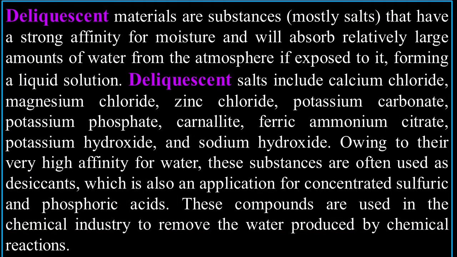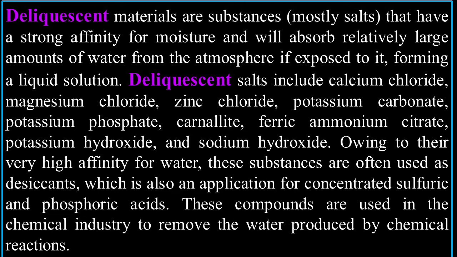Deliquescent materials are substances, mostly salts, that have a strong affinity for moisture and will absorb relatively large amounts of water from the atmosphere if exposed to it, forming a liquid solution. Deliquescent salts include calcium chloride, magnesium chloride, zinc chloride, potassium carbonate, potassium phosphate, carnallite, ferric ammonium citrate, potassium hydroxide, and sodium hydroxide.